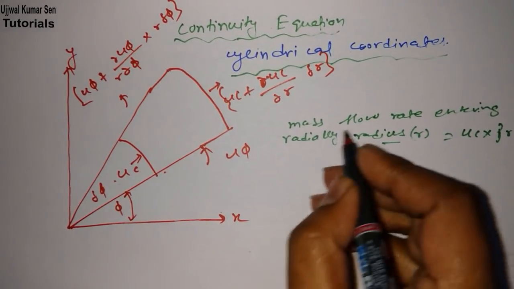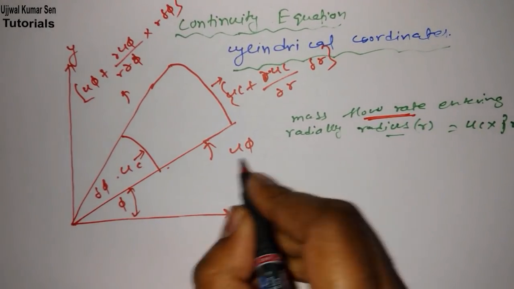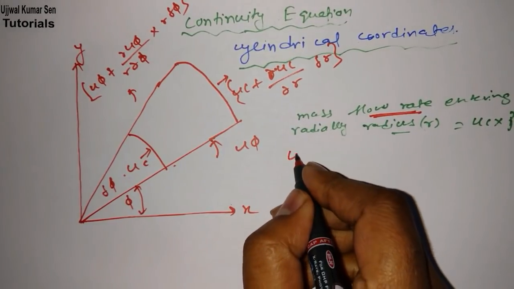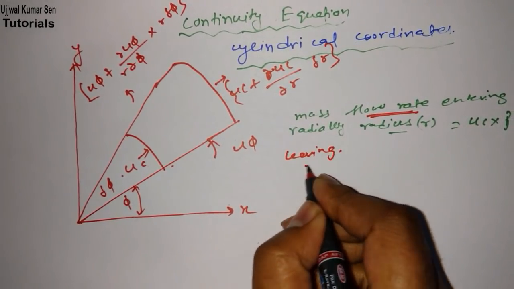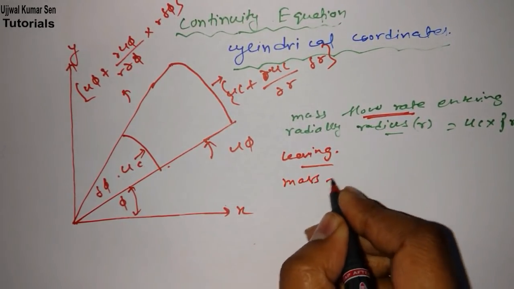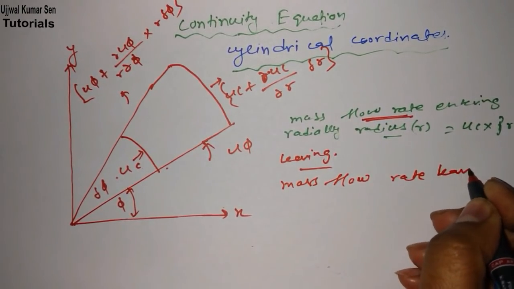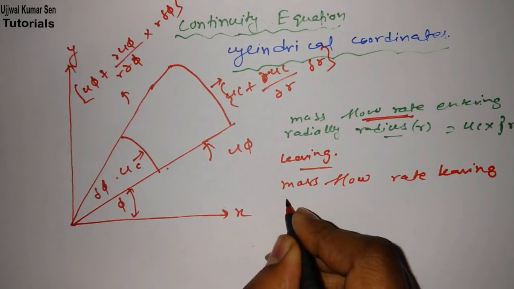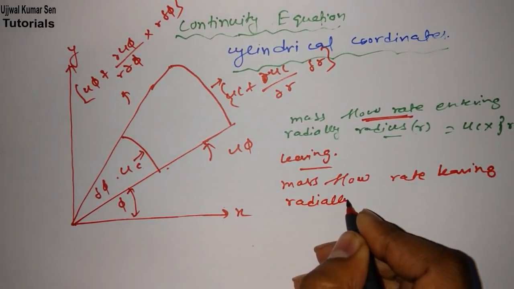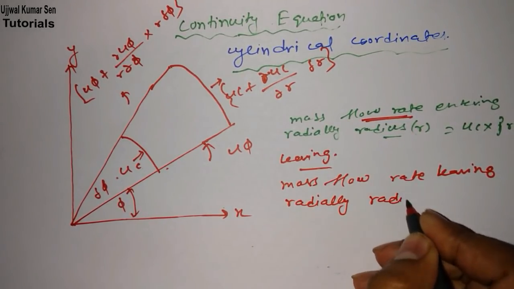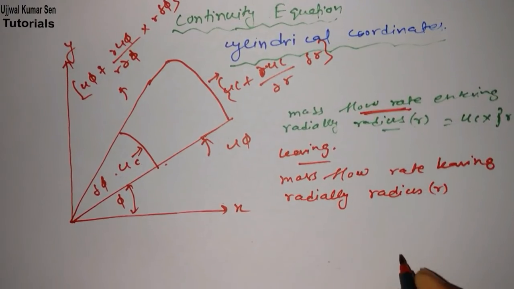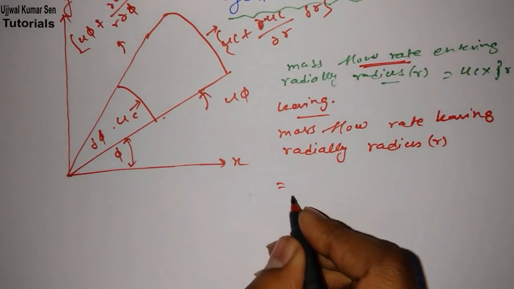Okay, now if something is entering and it is an open channel, then definitely something would be leaving, so I can say the mass flow rate leaving radially at radius r.